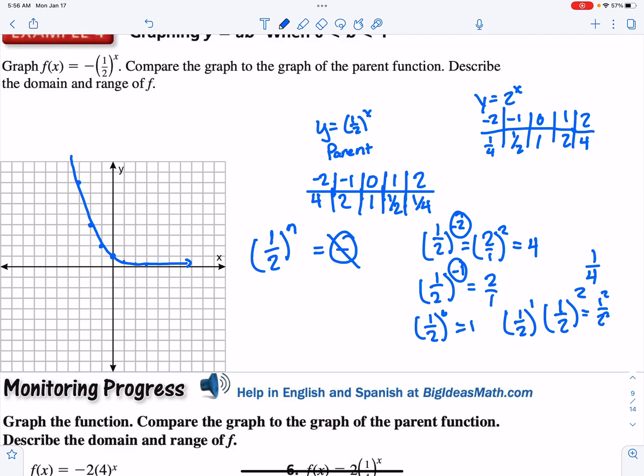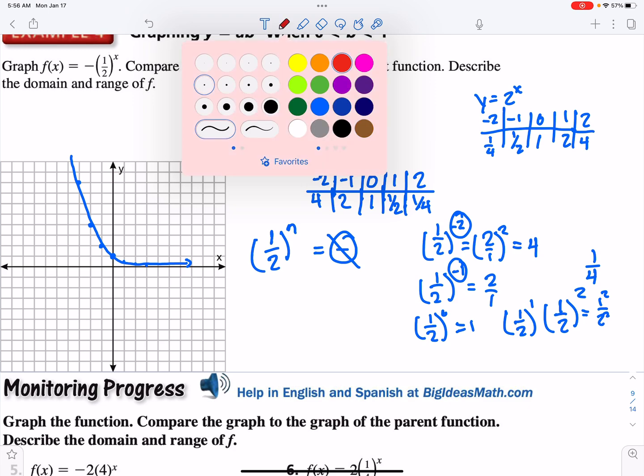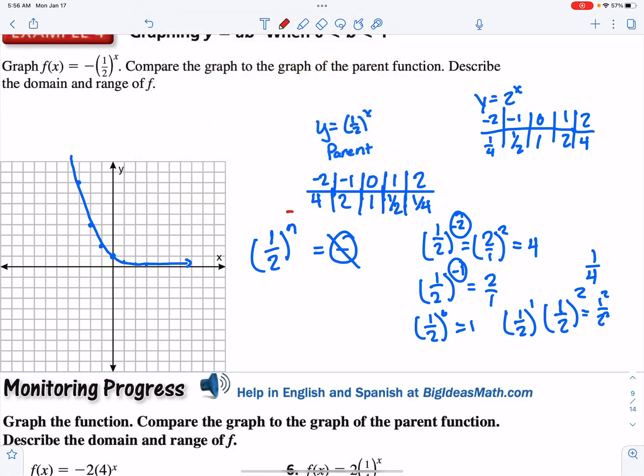Now, for this particular one, we have a negative sign out in front in this problem. So what they want us to do basically is take this new function and say, okay, I'm going to make everything negative and see what that does. So it's -4, -2, -1, -1/2, and -1/4.